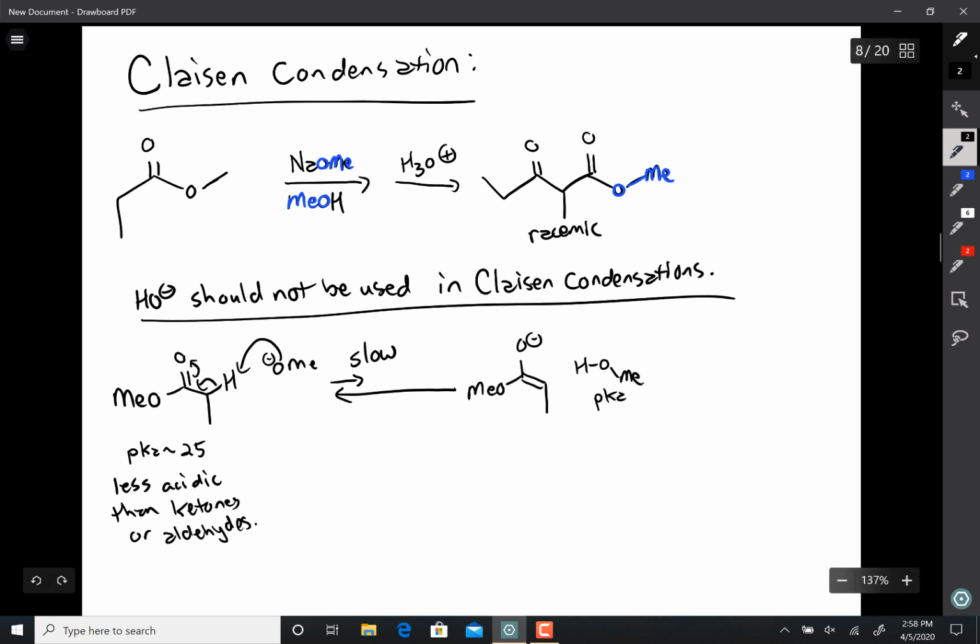Because alcohols have pKs of 15, the alkoxides are barely strong enough to pull the H off. But they can do it, it just takes a while.